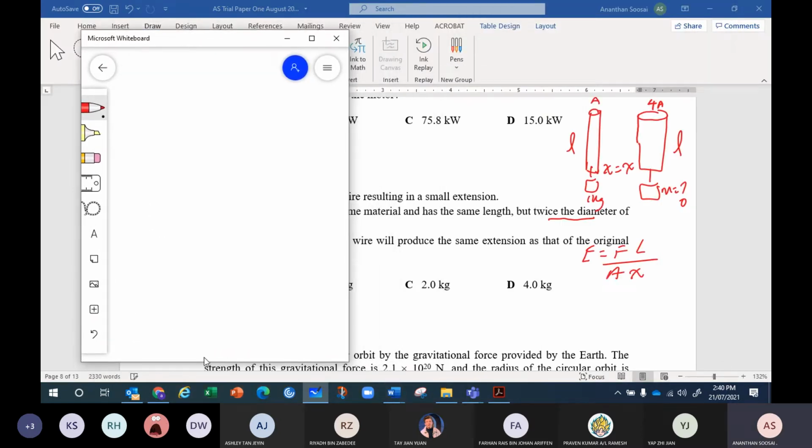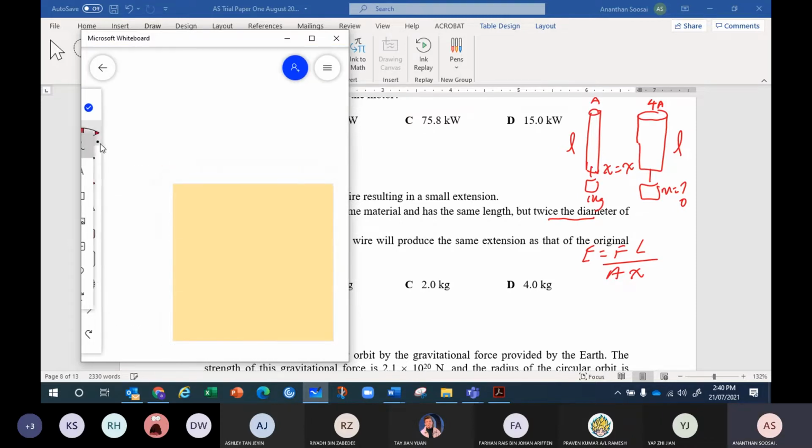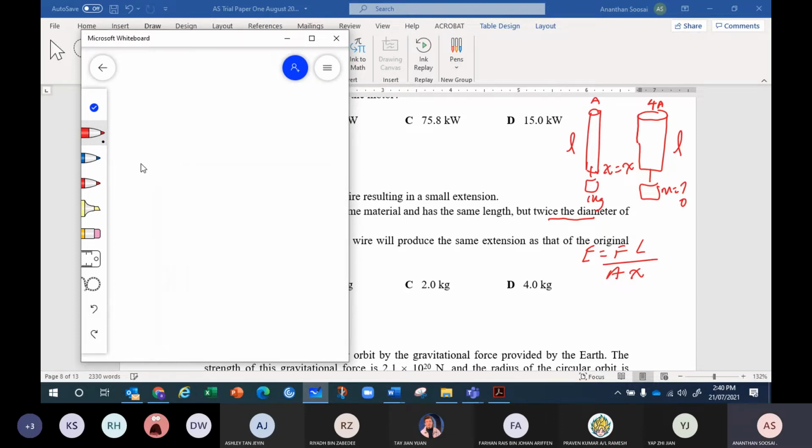Okay, a little messy. Let me open up the whiteboard, maybe. Okay. So we use this diagram. So extension is what? You rearrange this formula, extension is FL over EA.